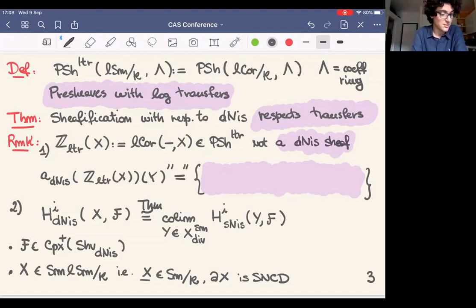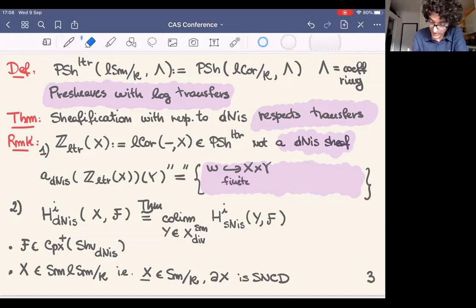Okay, but it's interesting to compute the sections of the dividing Nisnevich sheafification of Z log transfer of X, using the Yoneda guy, and this is what it is. Roughly speaking, this is given by finite correspondences, okay? Finite. Well, no, sorry, simply correspondences rather than finite.